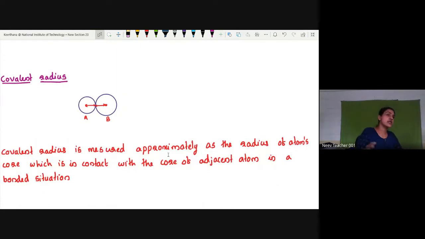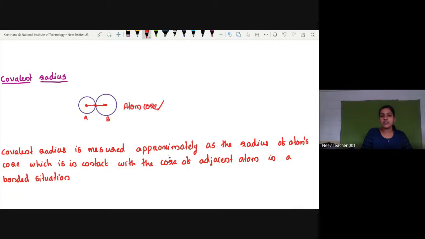In order to find the bond length in covalent molecules, we define the term covalent radius. When you're considering the covalent radius, this is an atom core. What do we mean by an atom core?